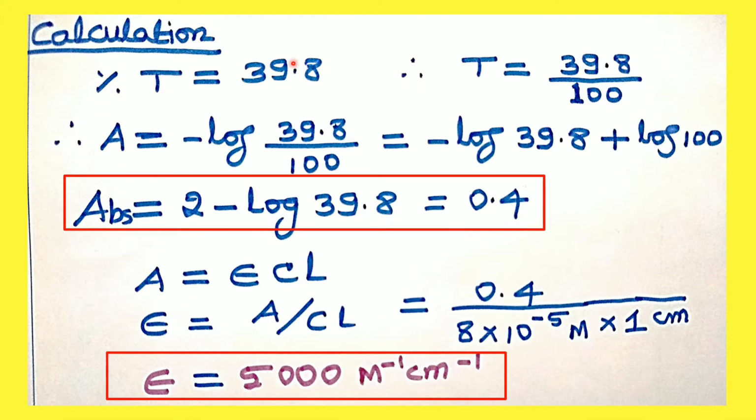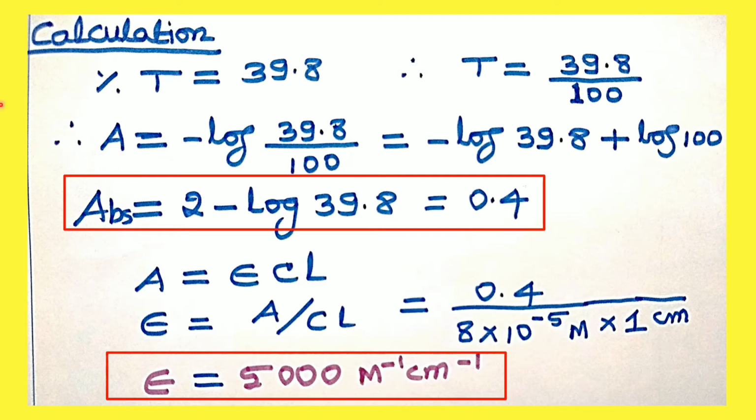Let us see the calculation. The given percentage transmittance equal to 39.8. What is percentage? Out of 100, 39.8. Therefore, T, the actual transmittance, equal to 39.8 divided by 100, or 0.398.